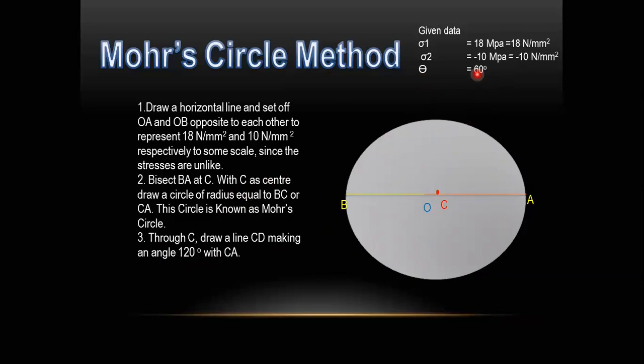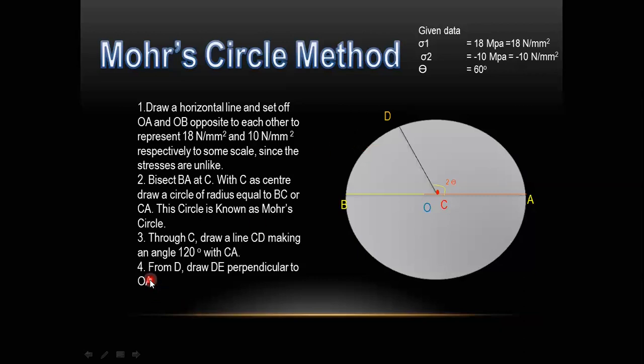So 2 into 60 gives 120 degrees. We draw the line for 120 degrees and name the point D. We have drawn the CD line for the angle 2 theta, that is 120 degrees. This is the third step.